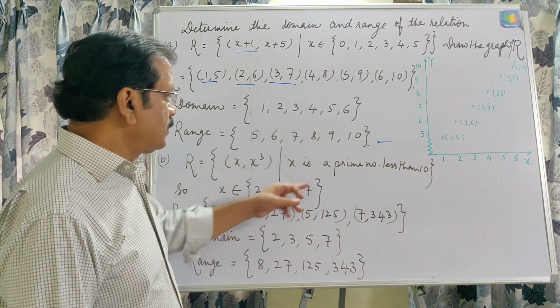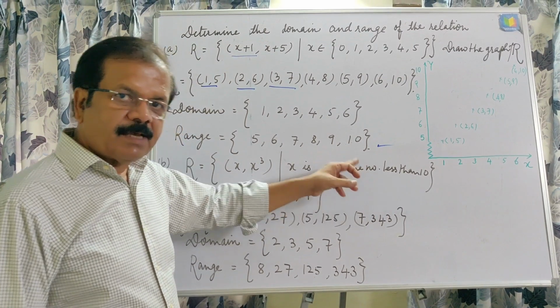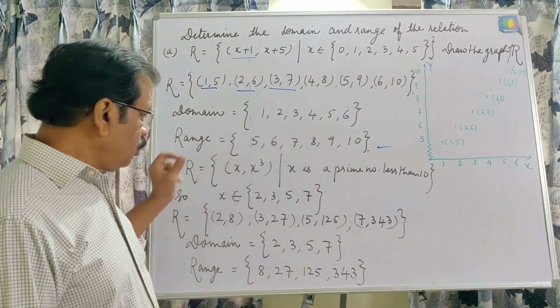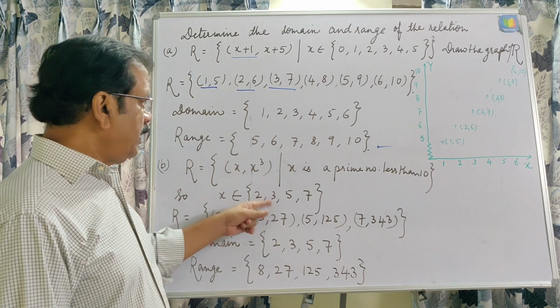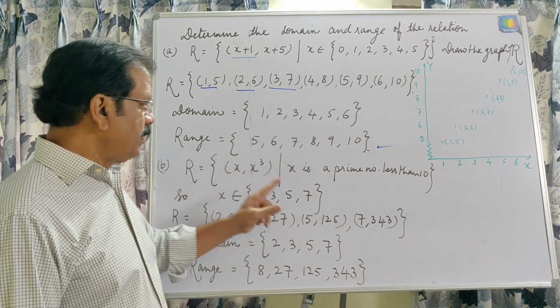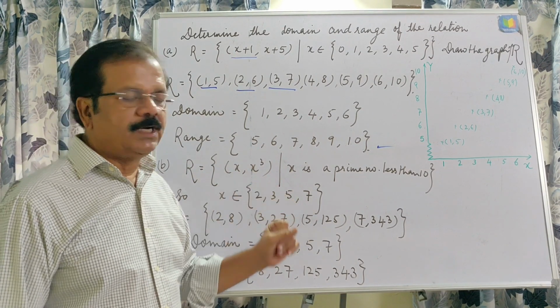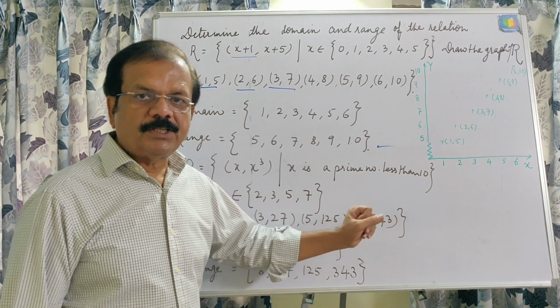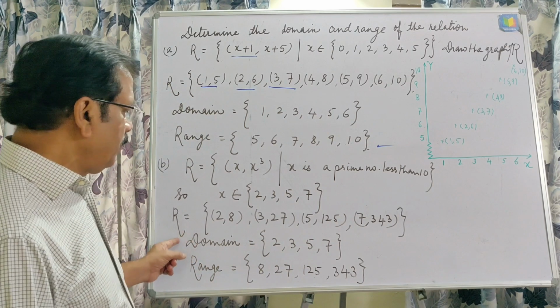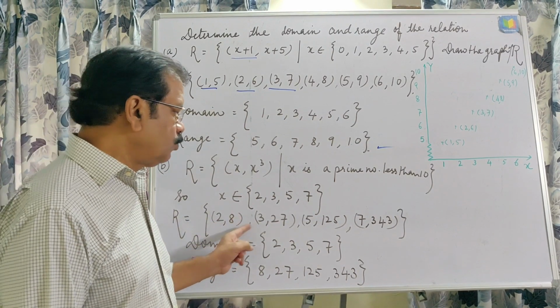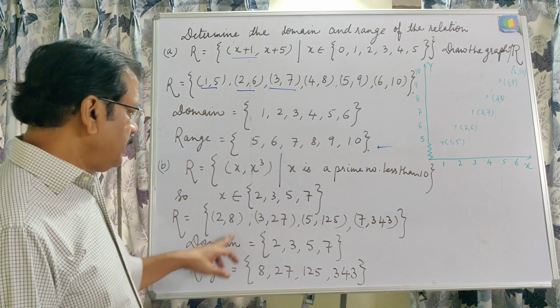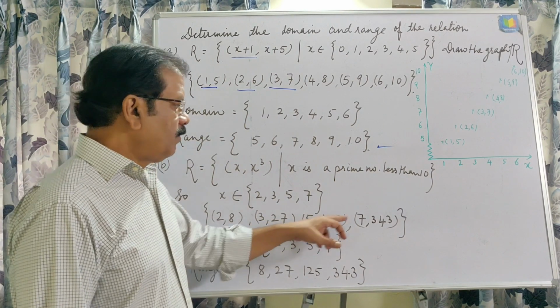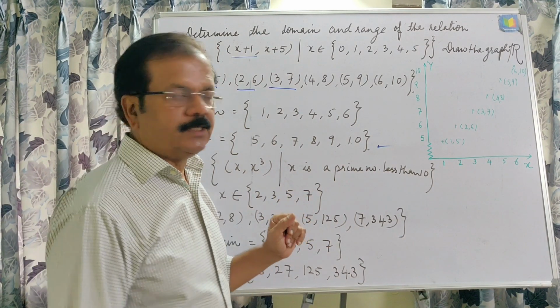Then substituting, 2 and 2 cube is 8, 3 and 3 cube is 27, 5 and 5 cube is 125, 7 and 7 cube is 343. This way the domain will be the set of first elements 2, 3, 5 and 7, and the range will be 8, 27, 125 and 343.